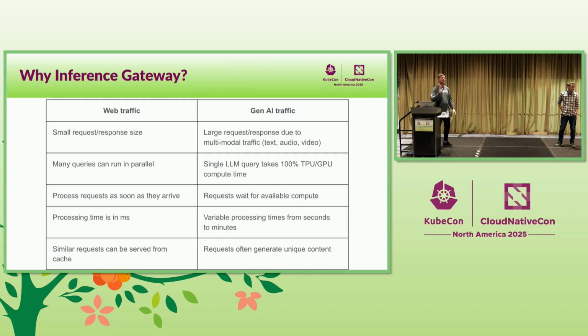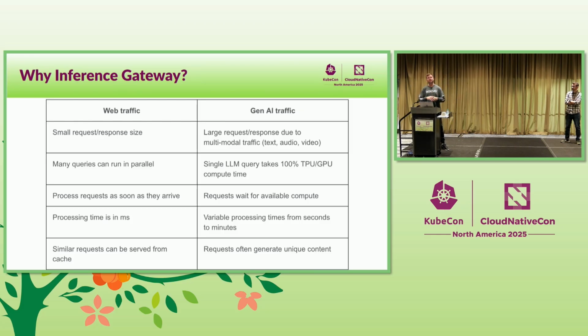So before we dive into multi-cluster inference gateways, we thought it'd be a good idea to build a foundation of knowledge. So let's start from the beginning, in a sense, and that is, why do we even talk about inference gateways? Why did we create inference gateways? At its core, the reason is we're dealing with a very different traffic type than what we usually deal with, right?